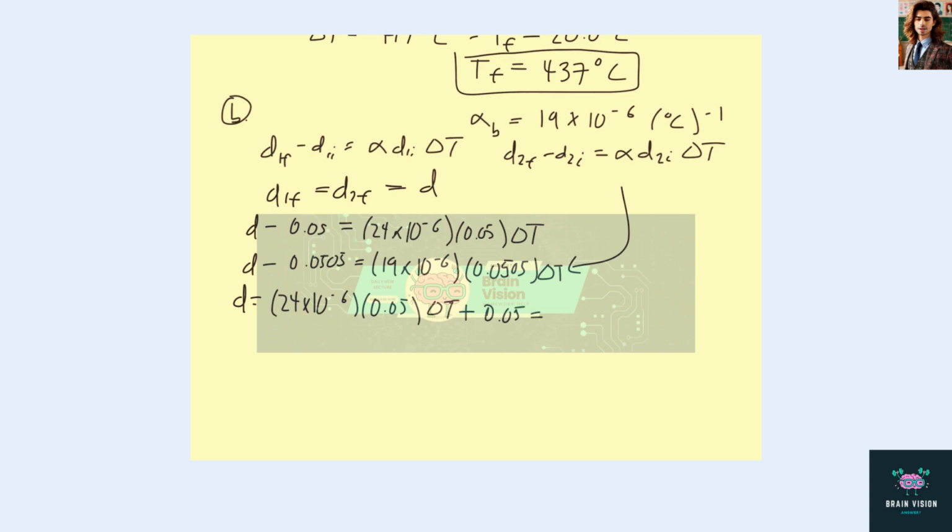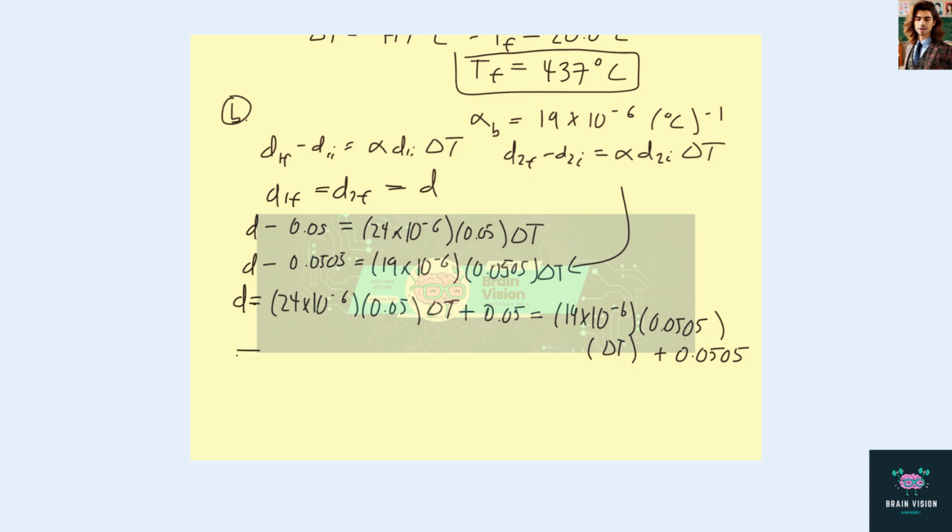Now we also know that that same diameter is equal to 19 times 10 to the negative 6 times 0.0505 times delta T, and then plus that 0.0505. Again, that's just me making two equal expressions for the diameter D, and then I set them equal to each other.